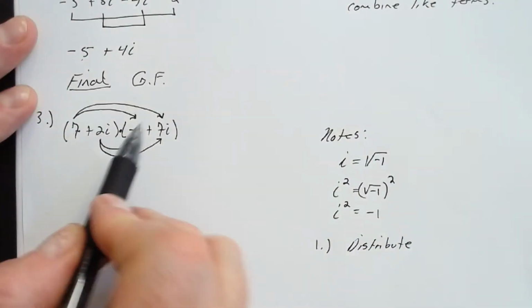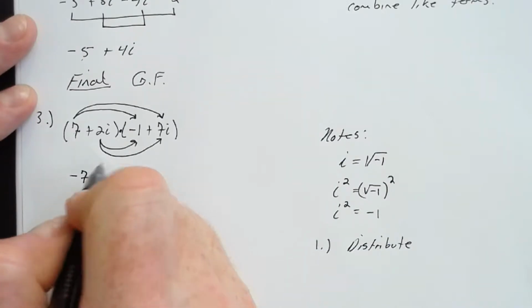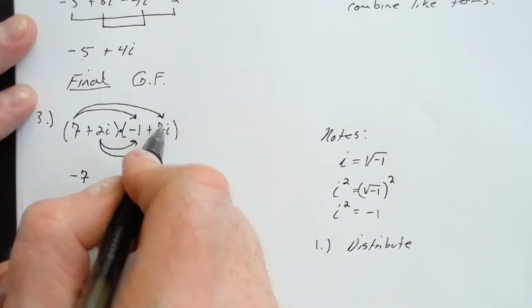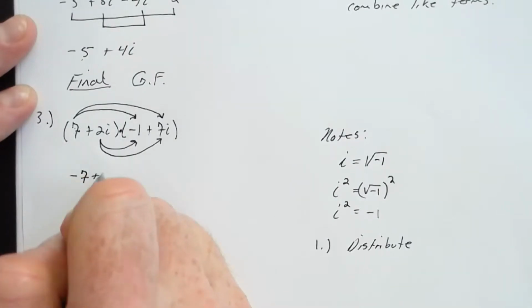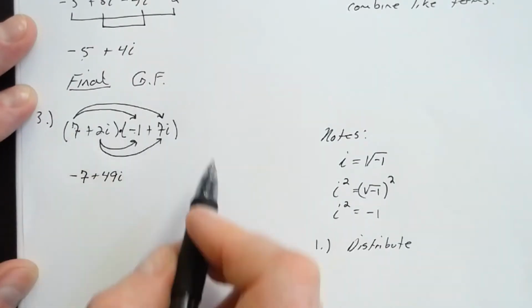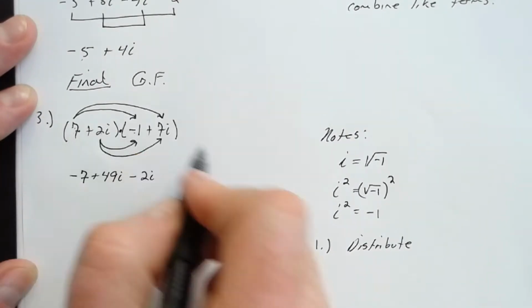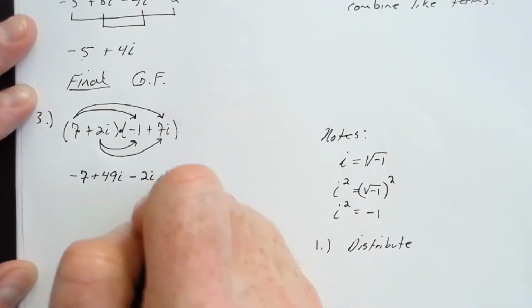So 7 times -1 is -7 plus 49i minus 2i plus 14i squared.